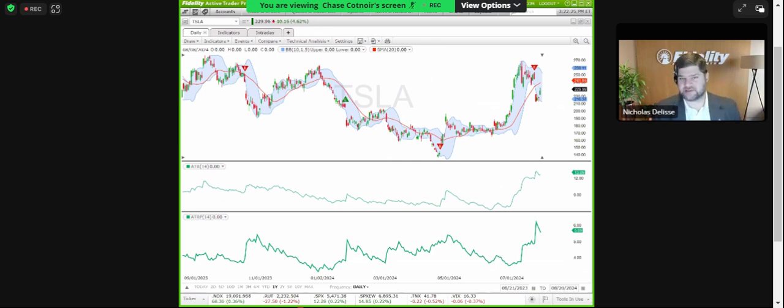So if you're to set a stop loss, and this is where I really like using average true range for stop losses, if you set a 5% stop loss, you're going to get stopped out any given day. Potentially if the low of the day is after the high of the day, you're going to get stopped out. Even if it goes high of the day, low of the day, and comes back and closes back towards that high, you're going to get stopped out.